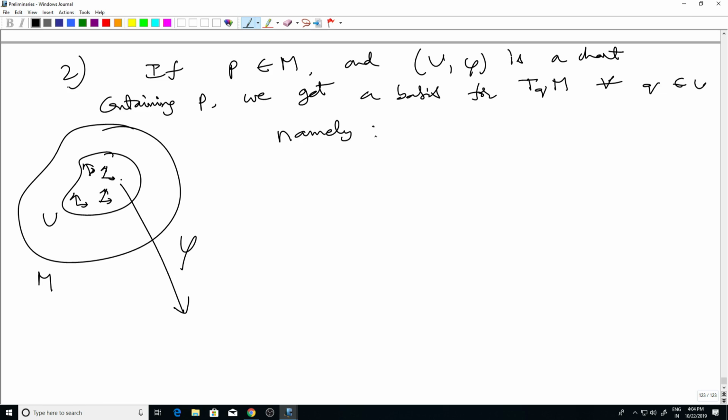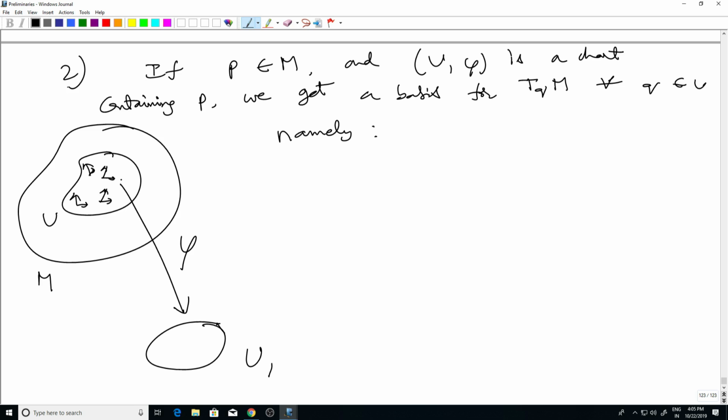So if I want to get a basis for T_Q M, I know that the derivative d phi is going to map it to the tangent space to this U1, which we identified with the tangent space to Rn itself. And we know what the natural basis for the tangent space to Rn is, namely the derivations corresponding to partial derivatives along the e1, e2, ..., en directions.